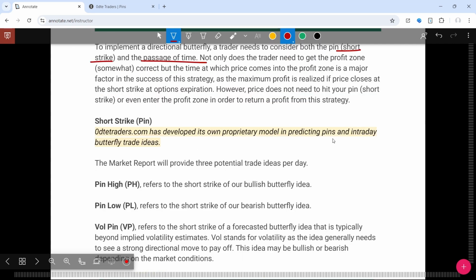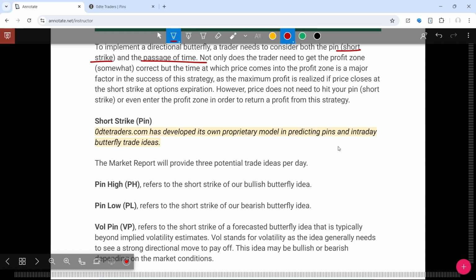Now, in terms of selecting strikes, we have developed a proprietary model for predicting pins. Trying to predict where the market is going to close is a very challenging task.